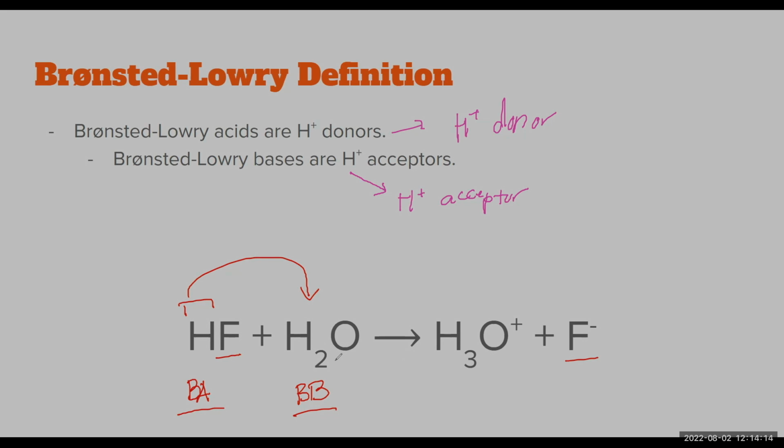So if we compare the formula, this is H2O, and in the product, this is going to be H3O plus. So it gained a H plus. In other words, it accepted an H plus. So because of that, the final result is basically hydrofluoric acid is our Bronsted-Lowry acid. Water will function as our Bronsted-Lowry base.